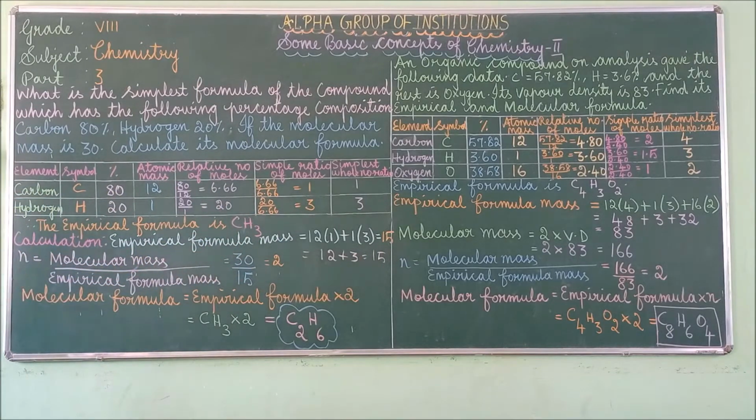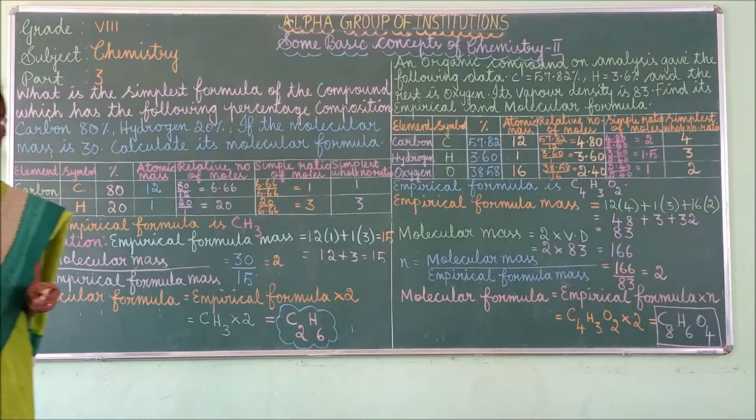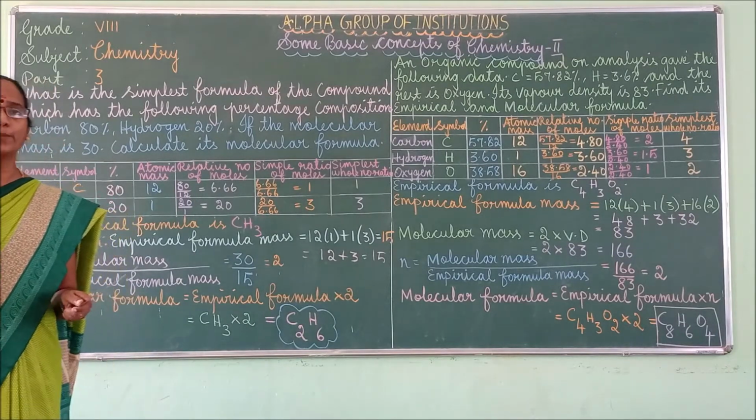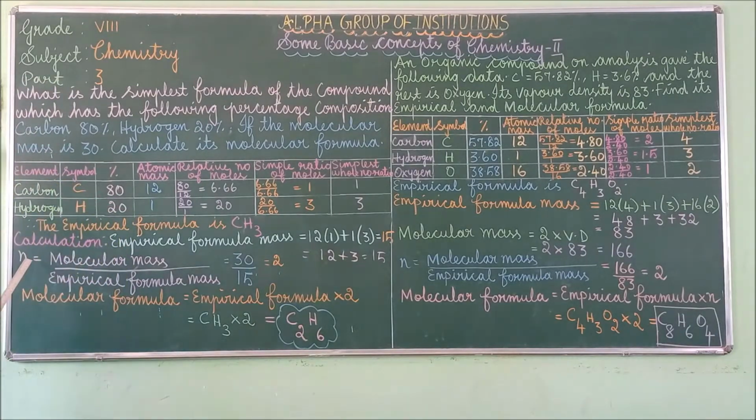Next, what you have to do, you have to find out the n value, which you can use to calculate the molecular mass. Okay. So to calculate n, we have to use this formula. N is equal to molecular mass by empirical formula mass.